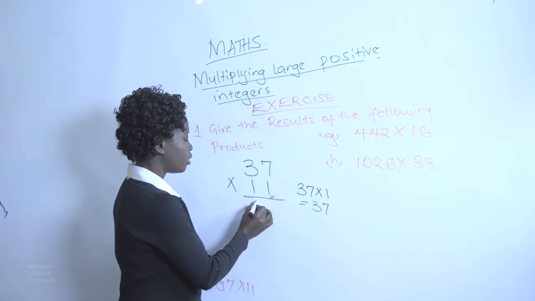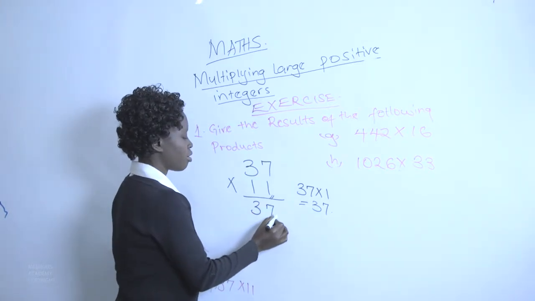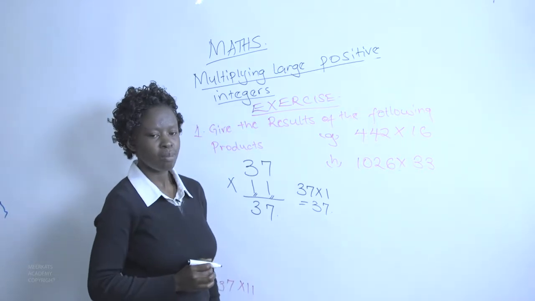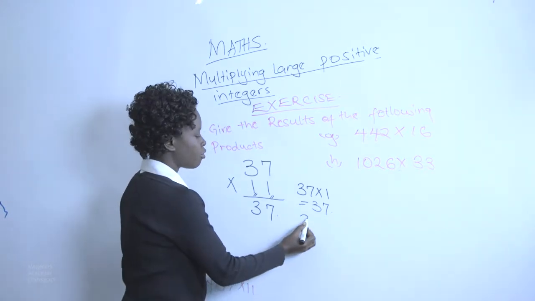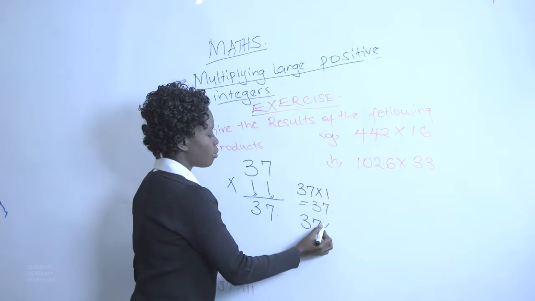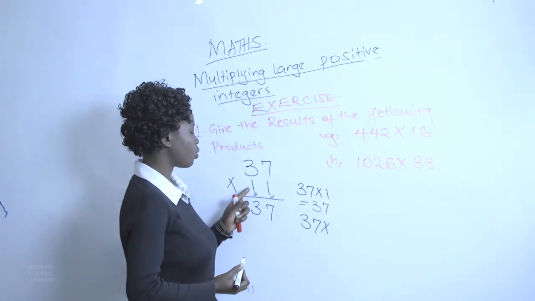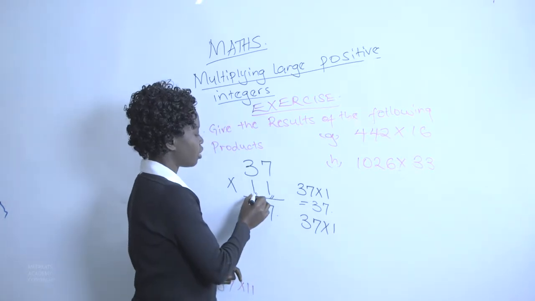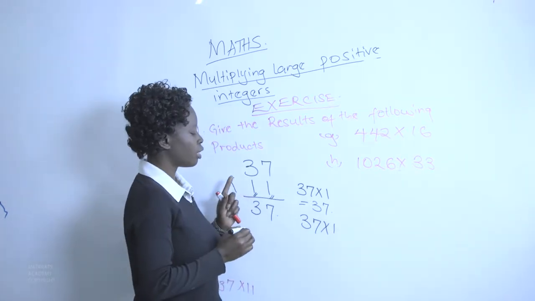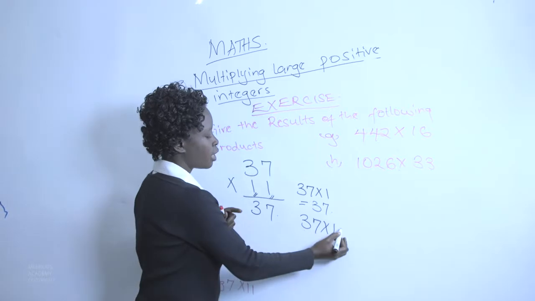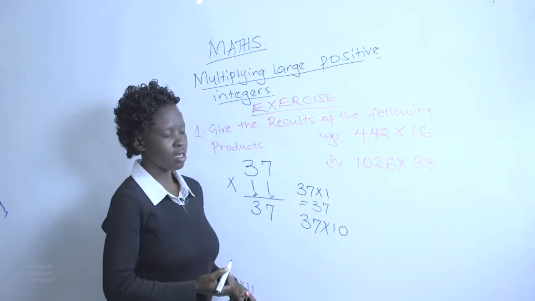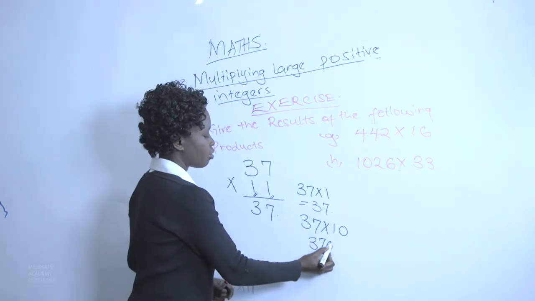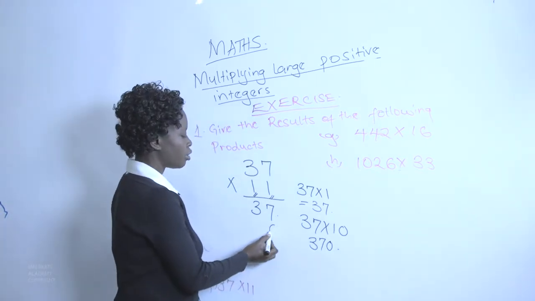So we come down and write 37. The next number is 1, which is in the tens place value. So we have 37 multiplied by the total value of the digit in the tens place, which is 10. So 37 multiplied by 10 is simply 370.